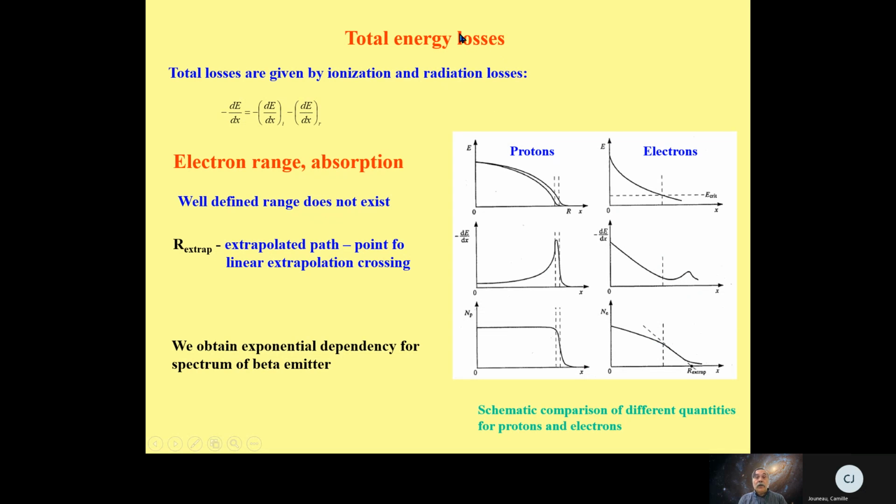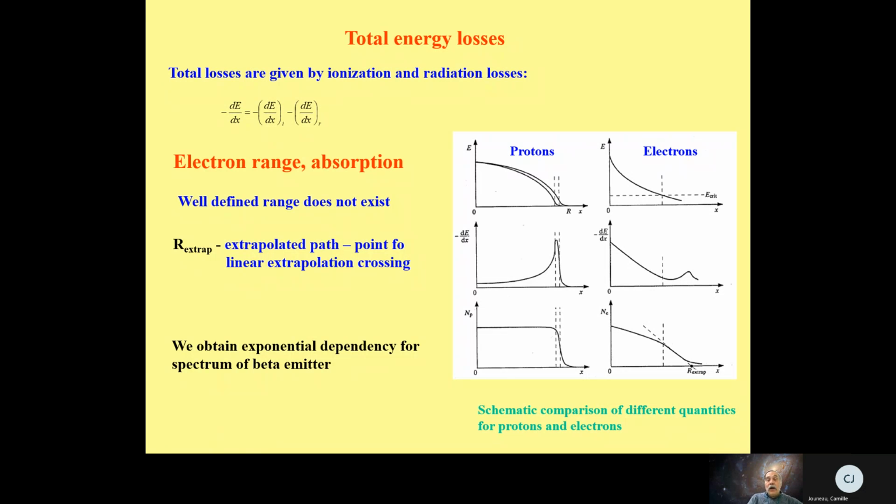Total energy losses are given by a sum of ionization losses and radiation losses, and the minus is there because the energy is decreasing. As I said, for very high energy the ionization losses are negligible.